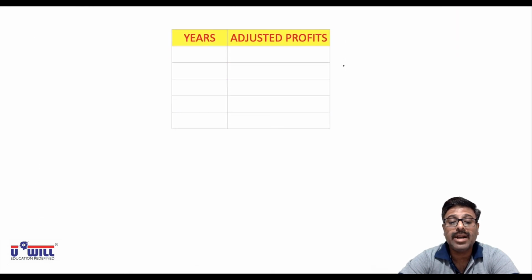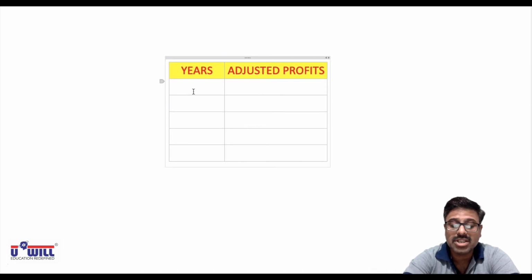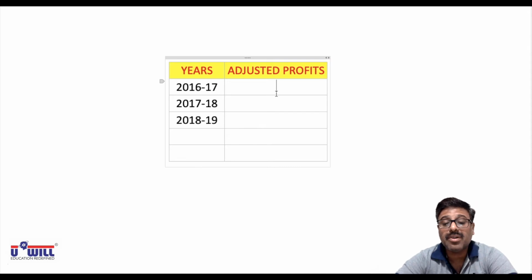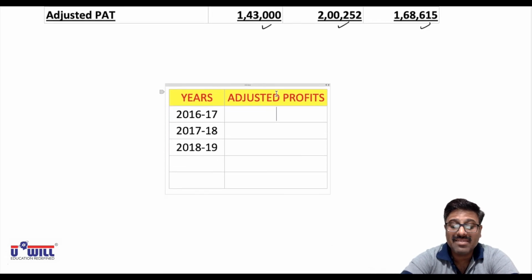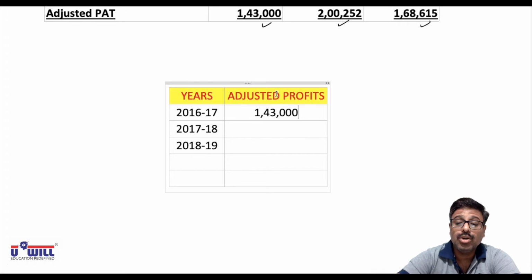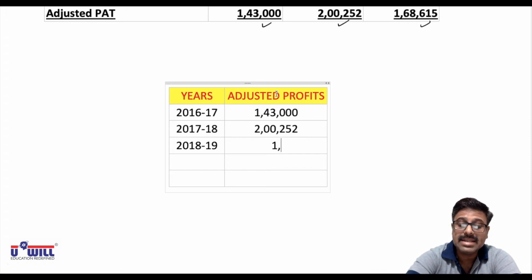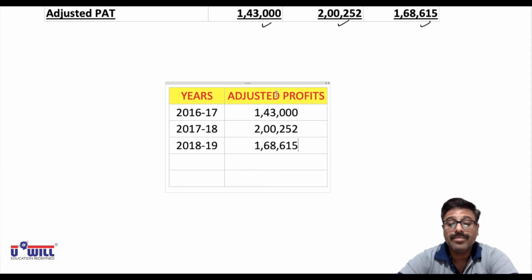Okay. So all of you write down years 2016 to 17, 17 to 18, and 18 to 19. Adjusted profits we have obtained are 1,43,000, 200,252, 1,68,615.